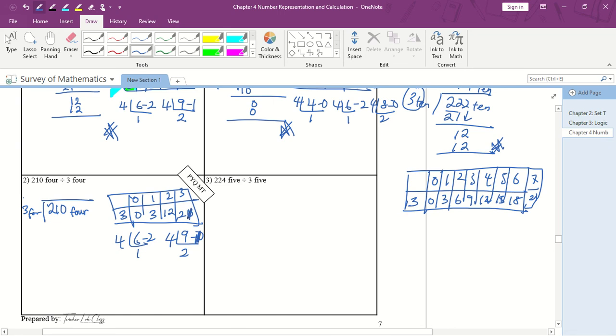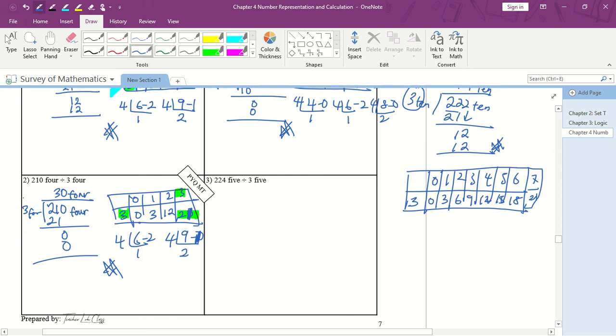This one is 1. 3 base 4, 210 base 4. We know that 3 times 3 is 21 in base 4. So we can just write here 3, 21. And of course, 0 will be 0, 0. And this is base 4.